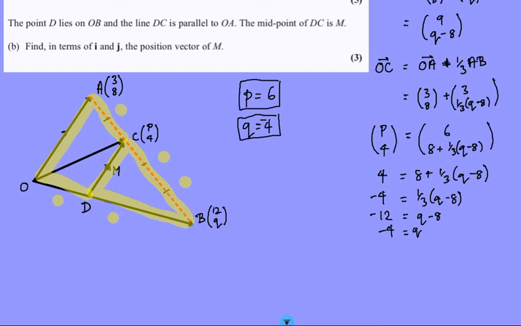So let me just get rid of all those. So 1 to 2 here, so A to C is a third of A to B, so O to D must be a third of O to B, by similarity.